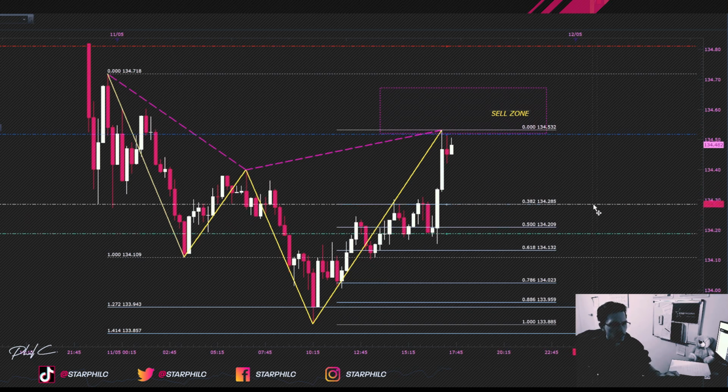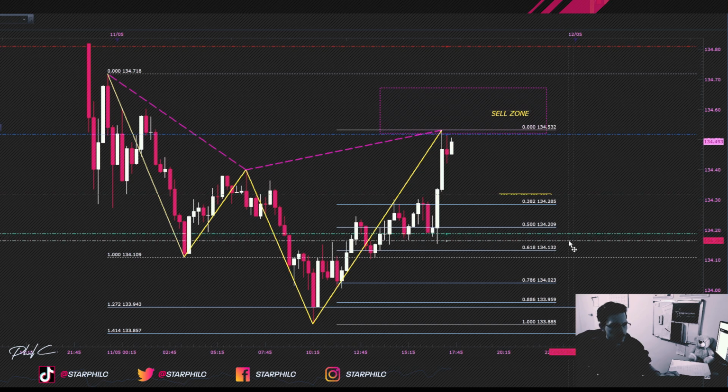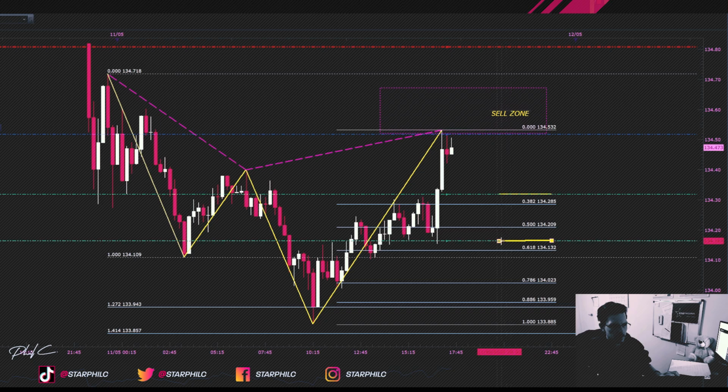So for the first target, we want the 382 Fibonacci right here, like this. And then for target 2, we want to drag that down just above the 618 right here. Right there. Okay.